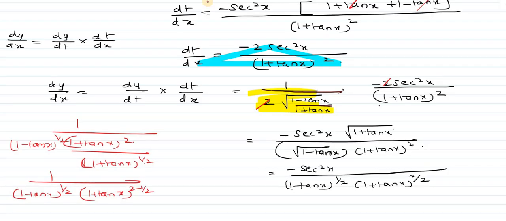Correct or no? Same values. 2 minus half is 3 by 2. So it will be 1 minus tan x to the power 1 by 2, 1 plus tan x to the power 3 by 2. Sorry for the confusion. I have not written the secant square x. If you want, you can bring the secant square x and write it here. Clear?